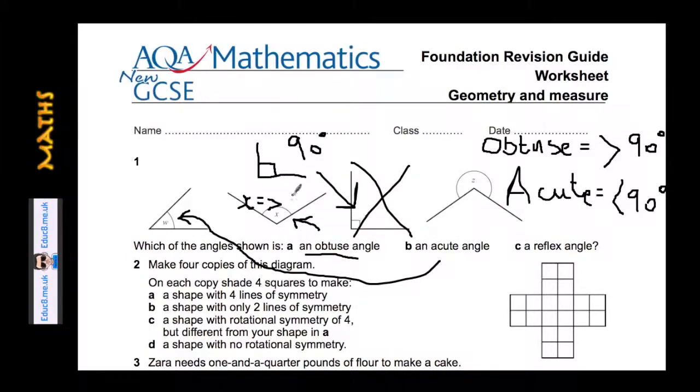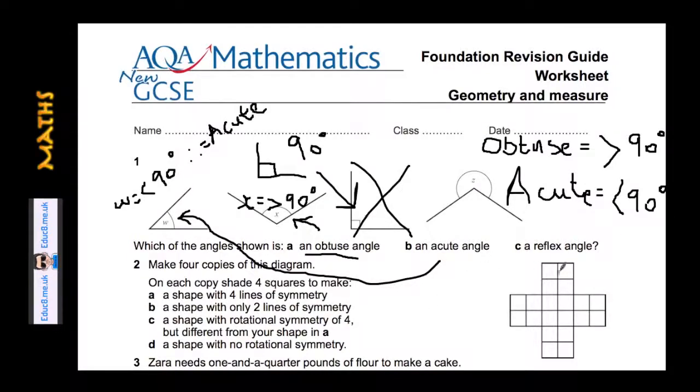If we just demonstrate that, x equals greater than 90, but less than 180. And in this one, w equals less than 90, therefore it equals an acute angle.